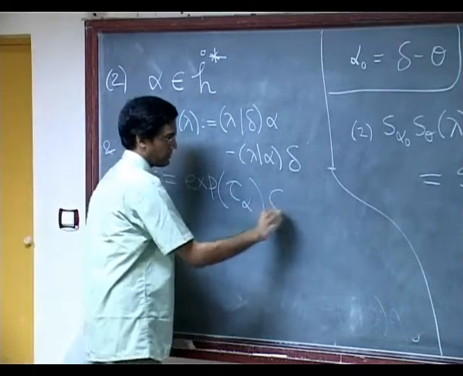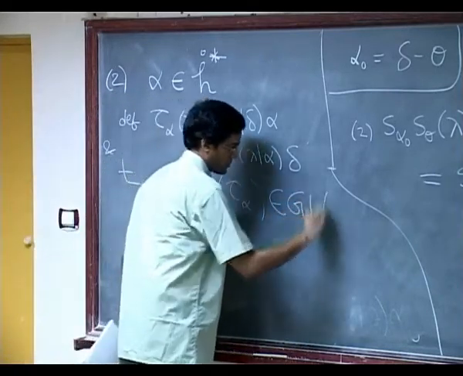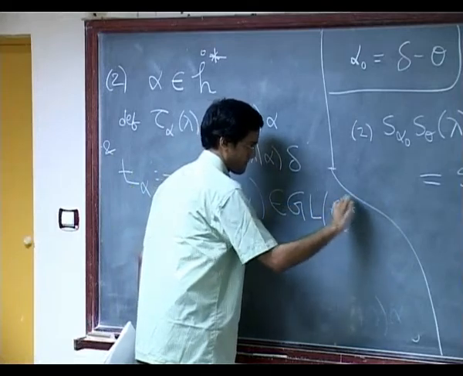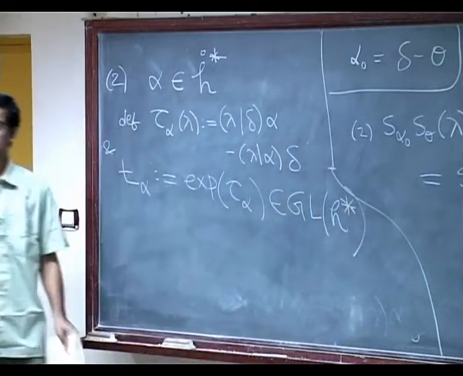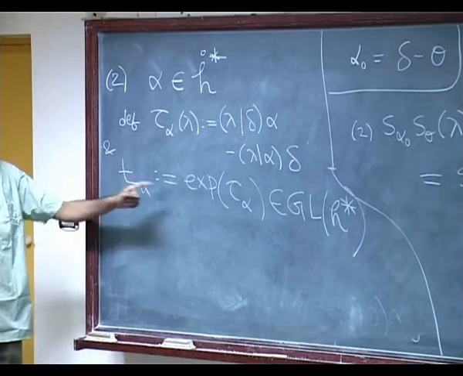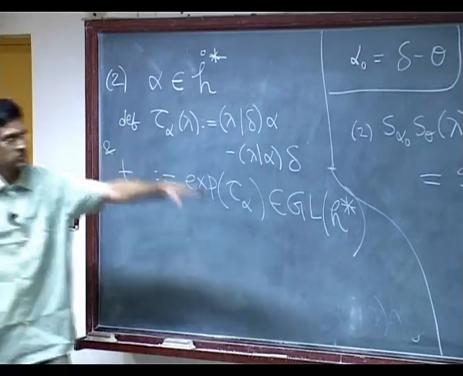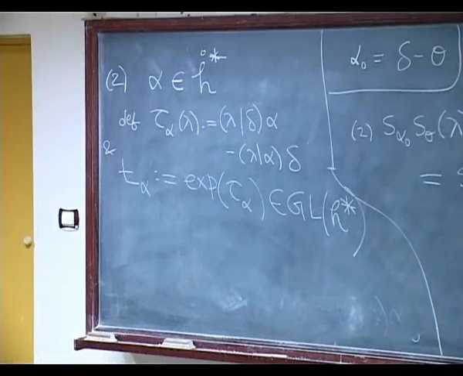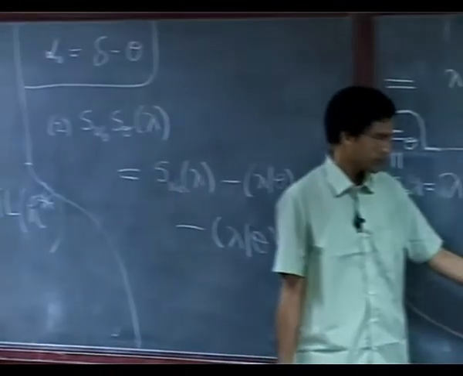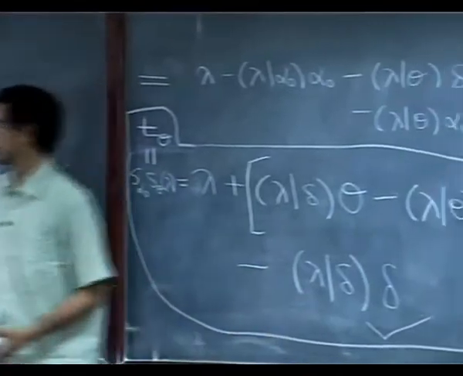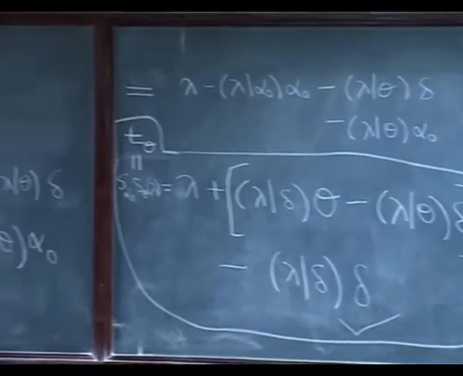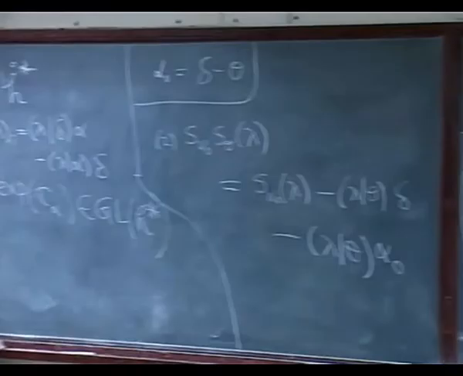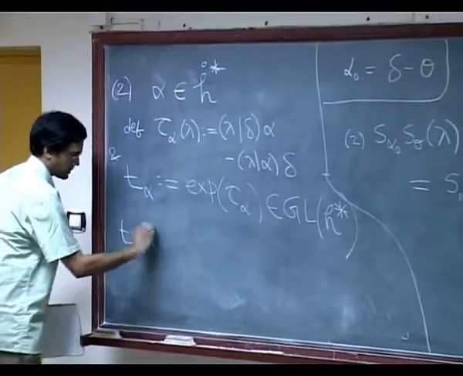That now becomes an element of GL of H star, and that would be given by the same formula as we have here. You know, the first two terms would be the same, but the third term would be slightly different. So let's figure out what does this operator look like. What does T alpha do when it acts on lambda?